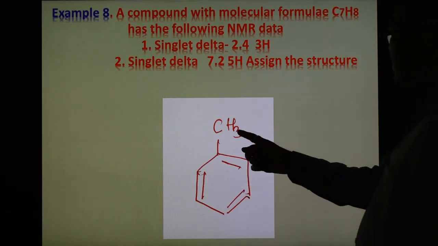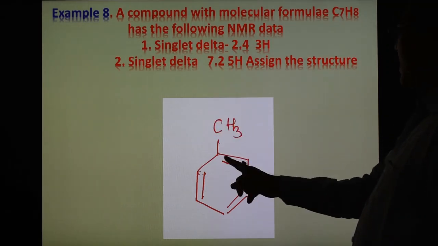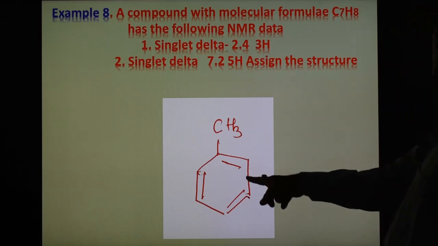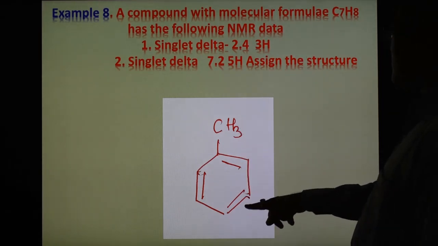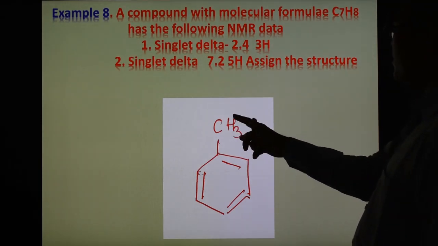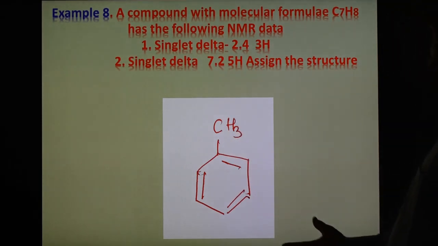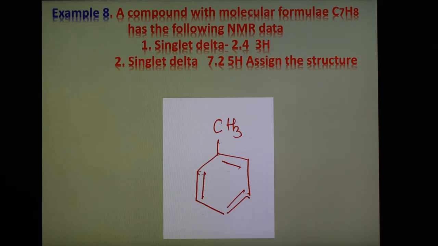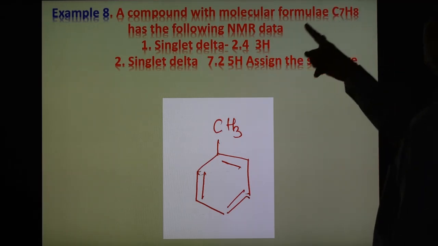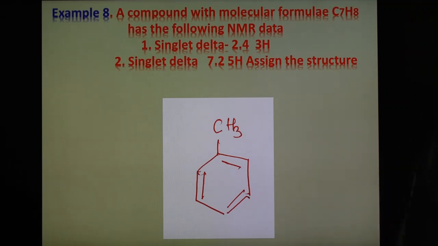So 3 protons are in the methyl group and 5 protons are in the ring. This is a singlet and this also gives a singlet because these 5 protons are equivalent, and these 3 protons are equivalent. There is no splitting because there is no proton on the adjacent atom. So this is the structure for C7H8. The name of the compound is toluene.